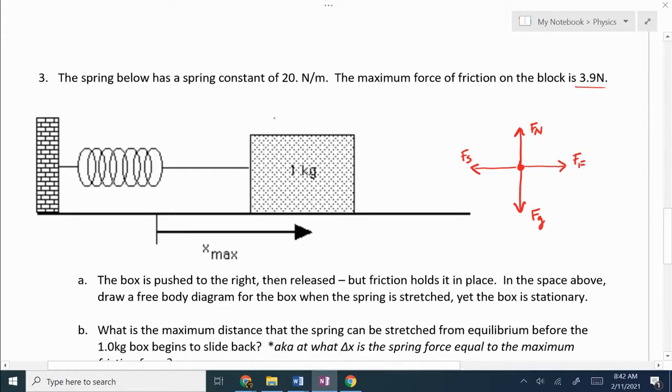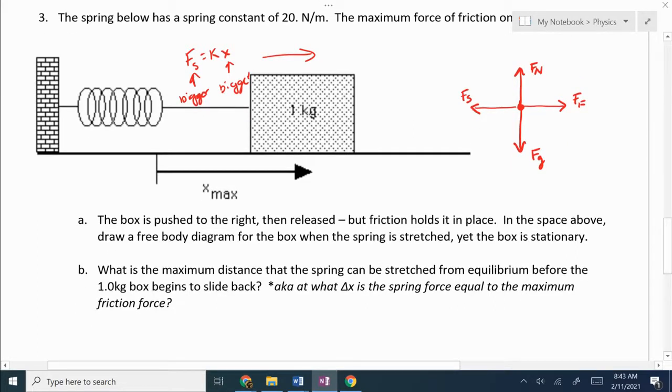The force of the spring is F equals Kx. So as you push it to the right, that's going to make X bigger, which is going to make the force of the spring bigger. And so what this question is basically asking, the one down here, is what is the maximum distance that the spring can be stretched from equilibrium before the 1 kilogram box begins to slide?